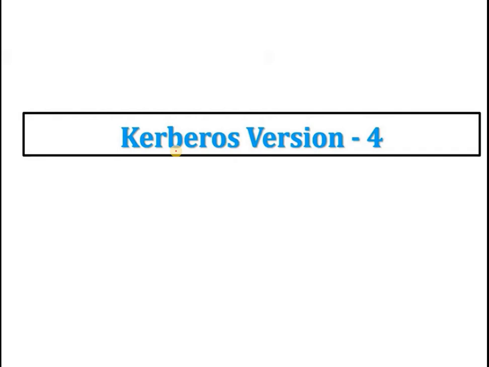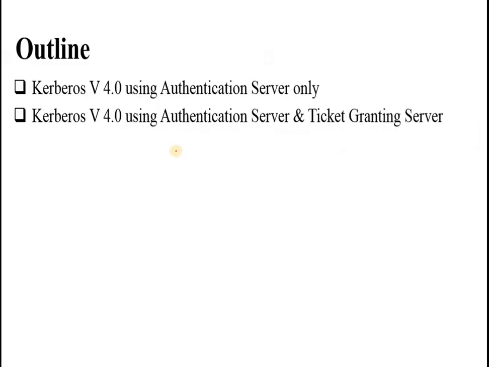So let us see the different versions of Kerberos. Kerberos came with two versions. One is V4, version 4, another one is V5. So now we are talking about V4.